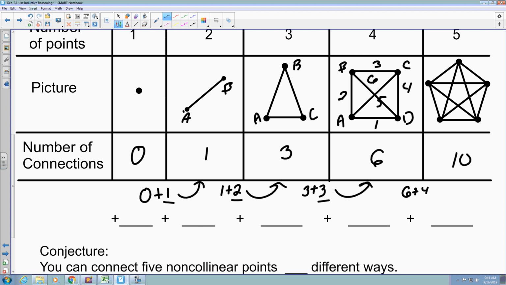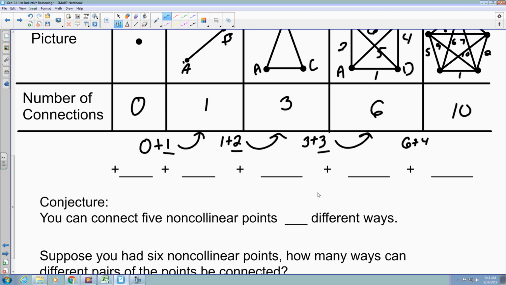So if I look here, I have 1, 2, 3, 4, 5, 6, 7, 8, 9, 10. So you have 10 connections for 5 points. So again, you connect 10 different ways.